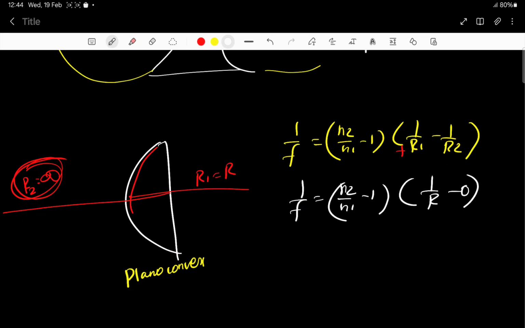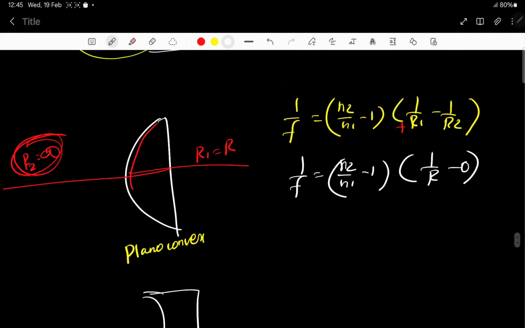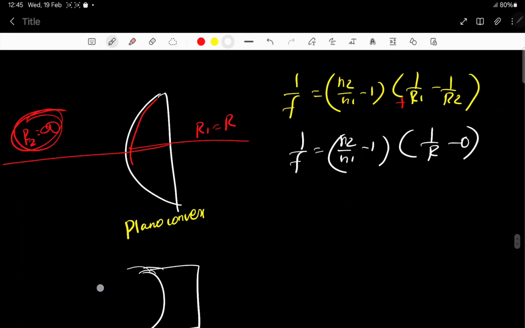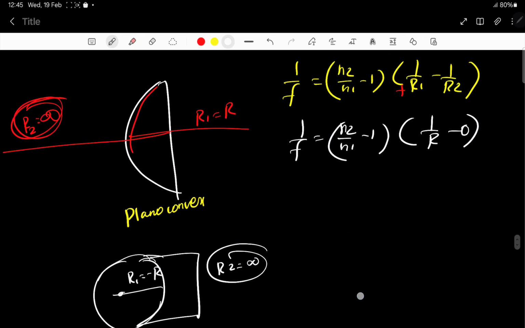Similarly, you can derive the formula for the plano-concave lens also. Suppose you have a plano-concave lens like this. Again, imagine here R1 is negative, whereas R2 is infinite. So 1 by F equal to (N2 by N1 minus 1) times 1 by R1, where R1 is minus R, and R2 is infinite.